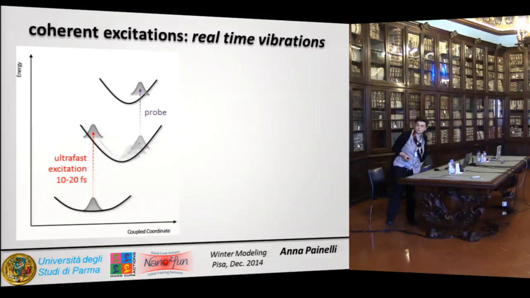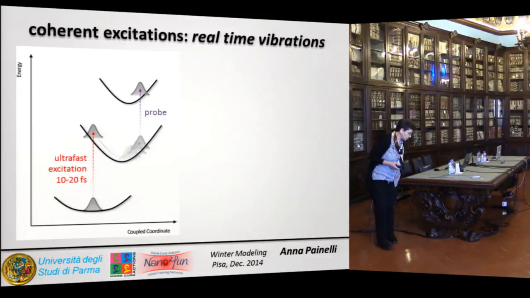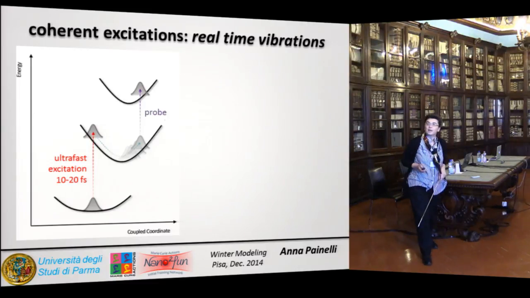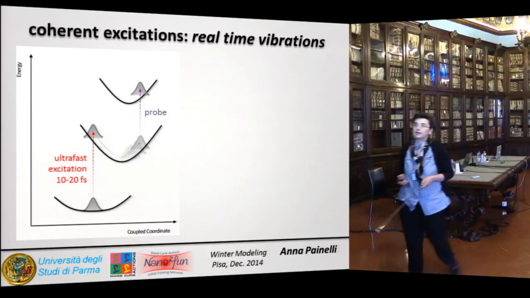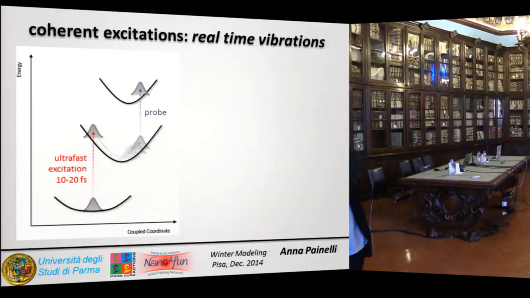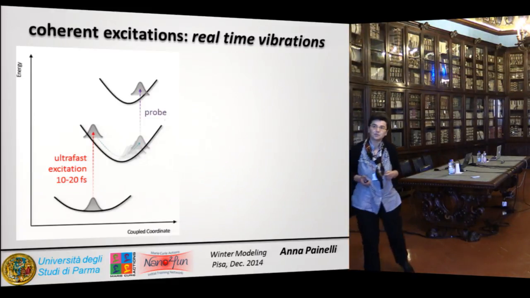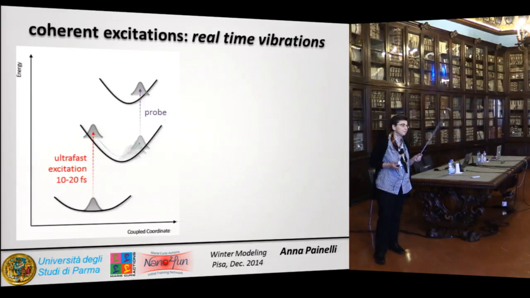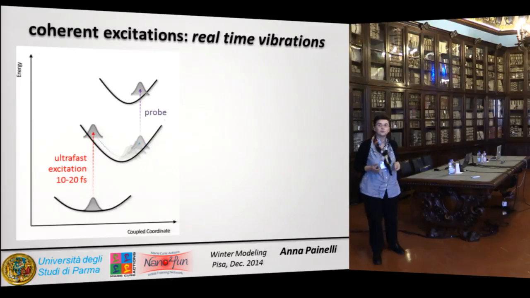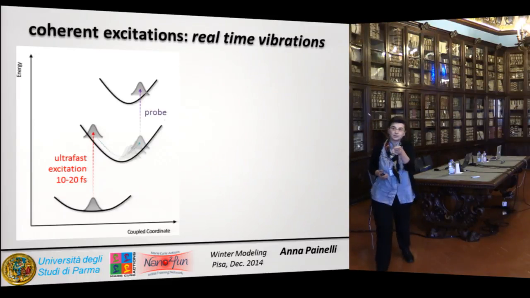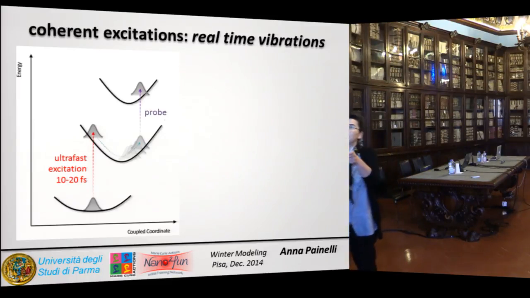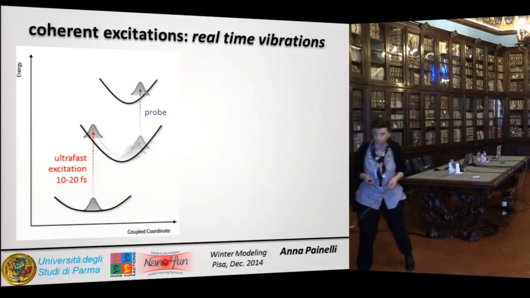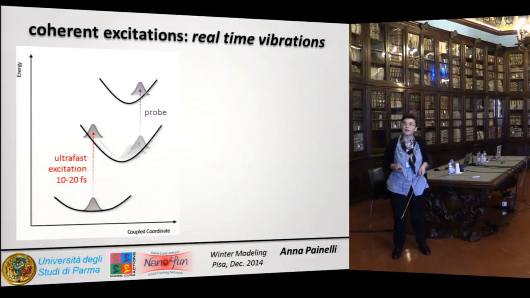The basic idea is that you start from your ground state, but then if you have a very fast laser pulse, you can excite your system, but if the length of the laser pulse is shorter than basically half of a vibrational period, you can excite a coherent vibrational state on the excited state, and this starts to oscillate back and forth on the potential energy surface.